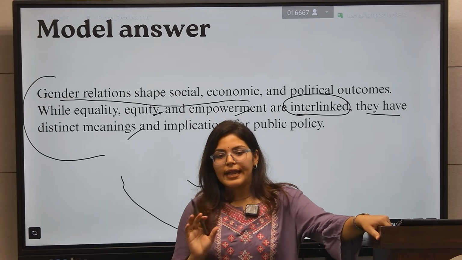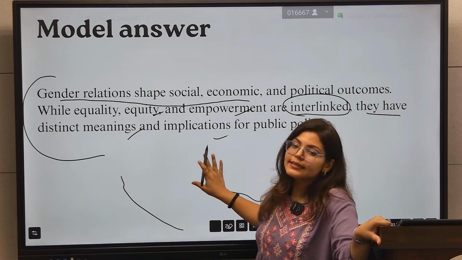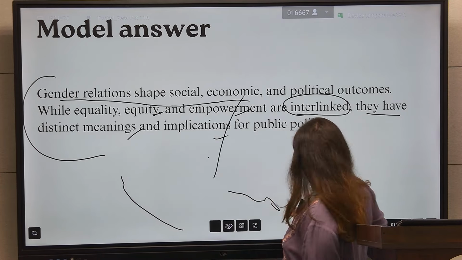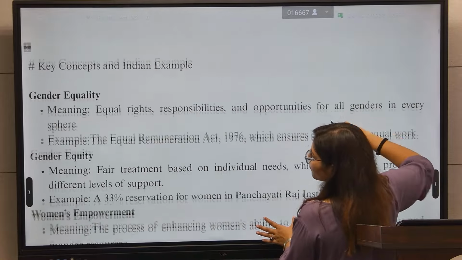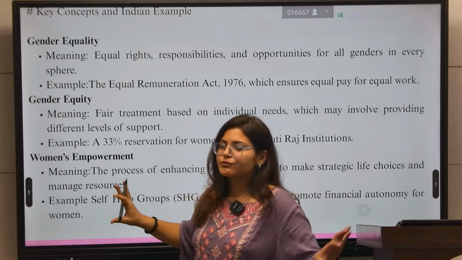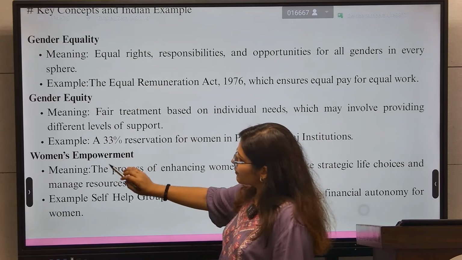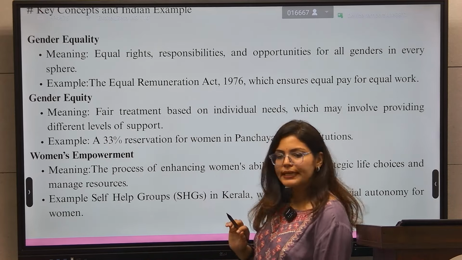So first you will write that yes, they are interlinked but they have distinct meaning and implication. Now you make a table. Either make a table or do this in this way if you have to fill space. So gender equality meaning, gender equity meaning and women empowerment meaning.